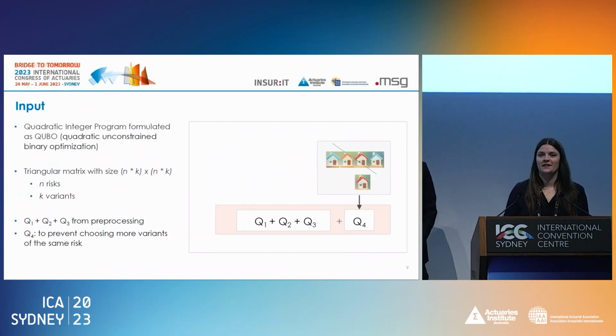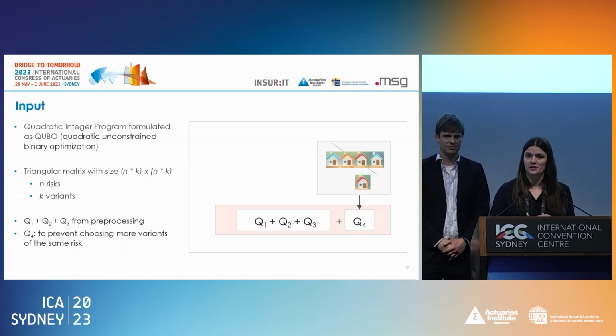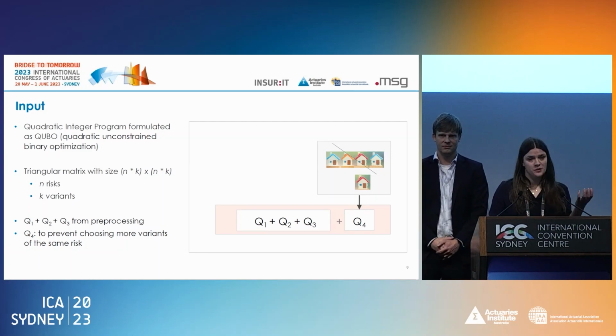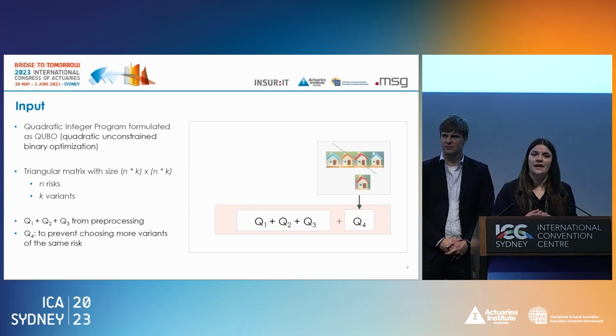So let's have a look at the step input. As I said, we need to transfer this problem, now pre-processed, to a valid input for the D-wave. And to solve a problem with this quantum annealer, it has to be in a form of a so-called quadratic integer program.